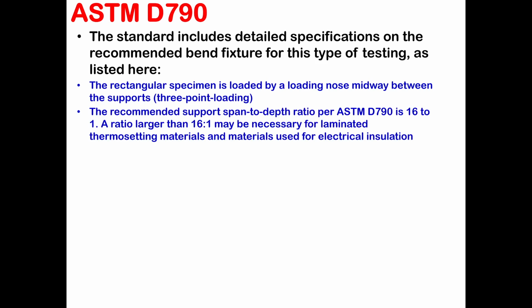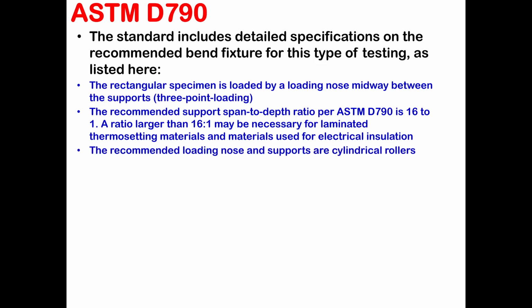Right. The recommended support span to depth ratio per ASTM D790 is 16:1. A larger ratio than 16:1 may be necessary for laminated thermosetting materials and materials used for electrical installation.